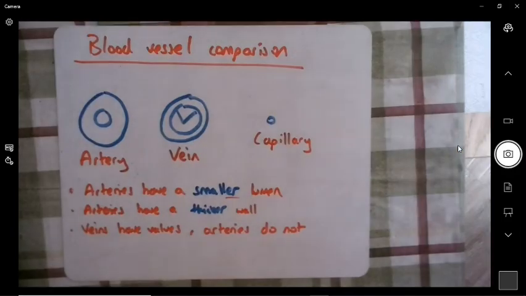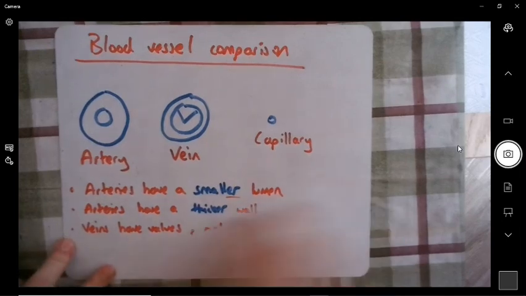Okie dokie. So, alright, what we're going to focus on next. Controversially maybe, I'm not going to draw out a heart and label it. I'm actually going to focus on the idea of a double circulatory system.